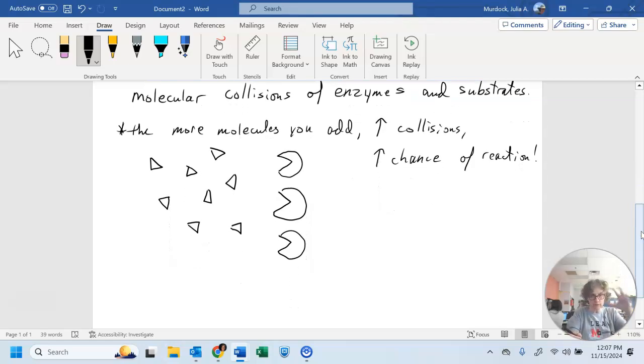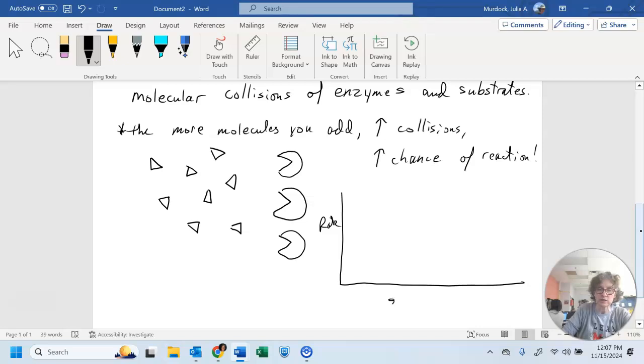Okay? And here's another thing, because there are some questions down at the bottom of the formative that I don't want you to get confused about. Our lab was a straight line, wasn't it? Looks like it's just going to go on forever. But think of it this way. What if, same thing, you have rate of reaction here, and you have substrate concentration here.